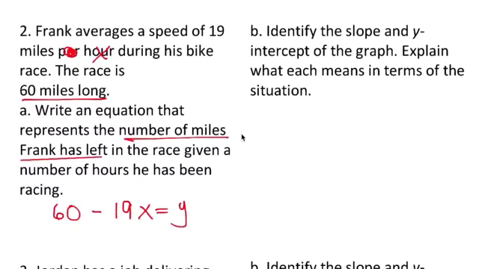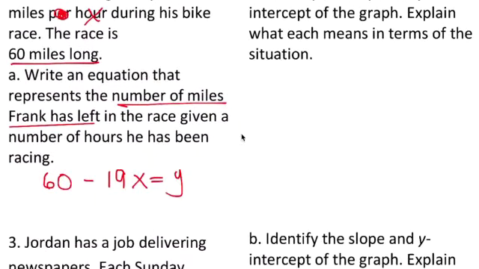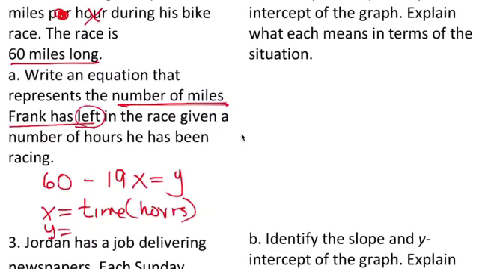Eventually it gets to 0 mileage. Okay? So x, you always define a variable. It's the number of hours, or time in hours. And y is the number of miles left, or distance in miles.